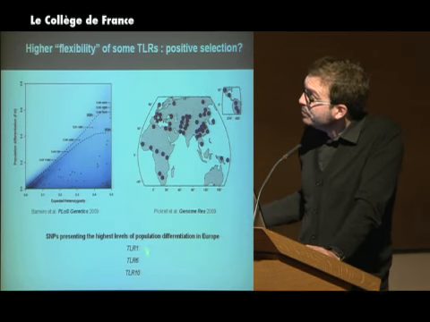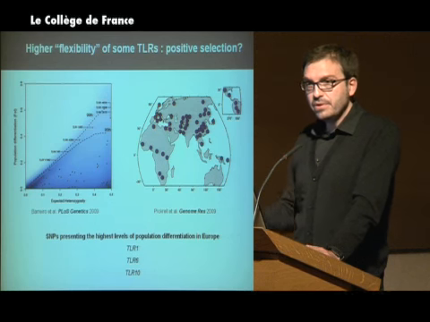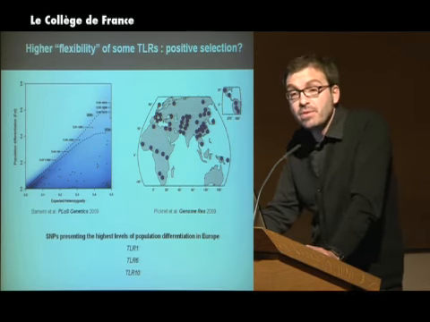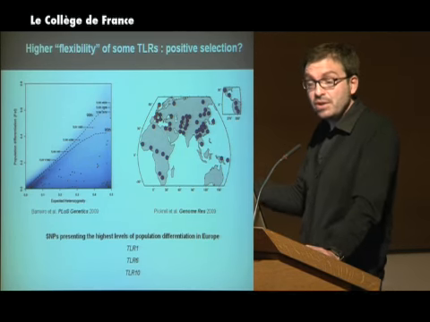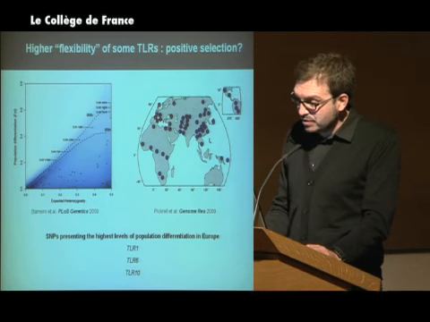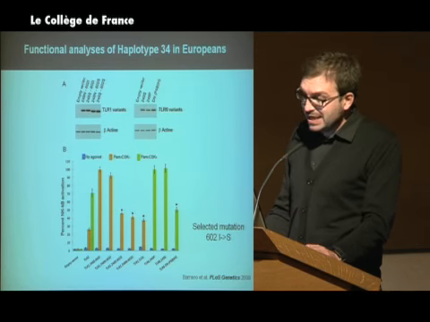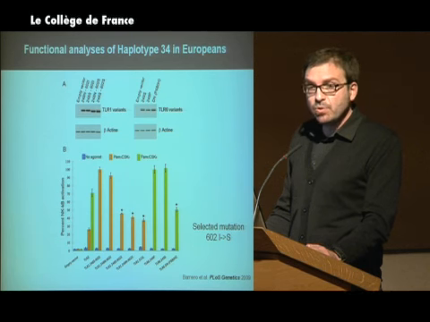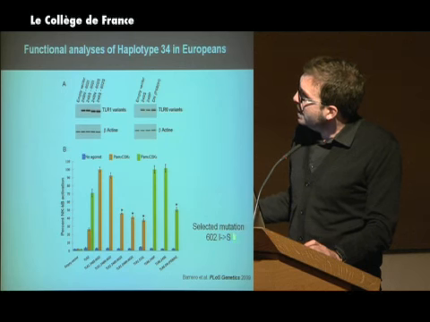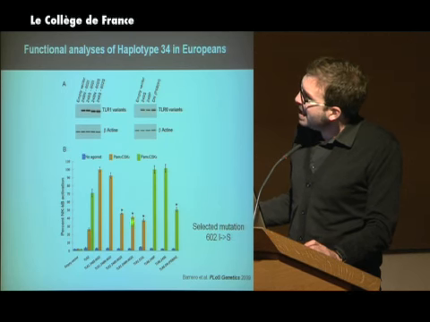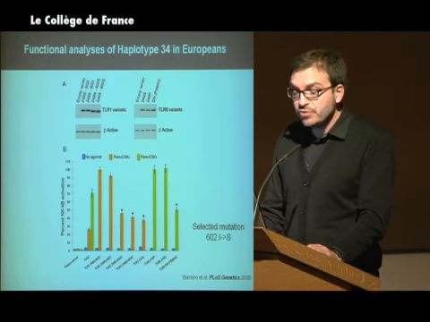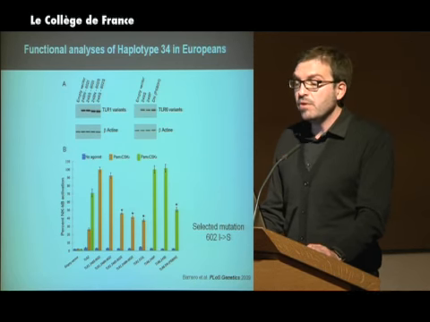Unfortunately, these three genes are one near to the other, so the only way to see which is the gene responsible for the patterns of positive selection and which is the functional consequence of this selective advantage were some functional studies that we did, and what we showed is that of the 3 genes, toll-like receptor 1 is responsible for the selective advantage, through a particular mutation that decreases by at least half the percent of NF-kappa B activation, used of course as an in vitro proxy of the TLR1-mediated immune response.